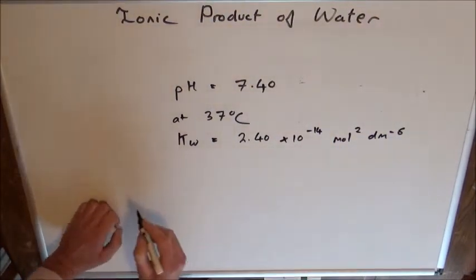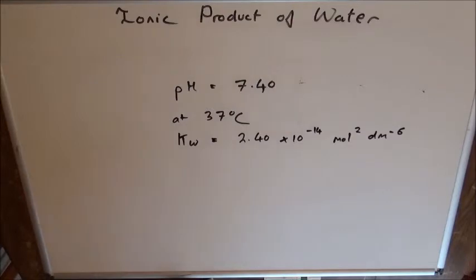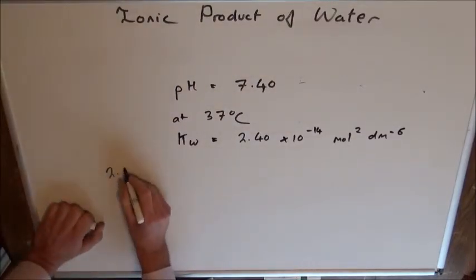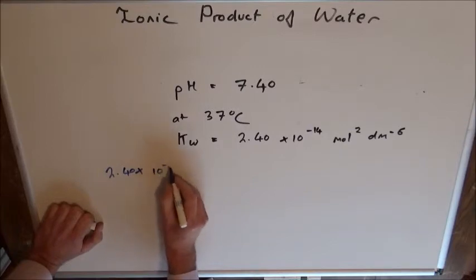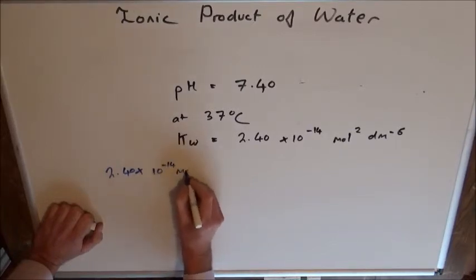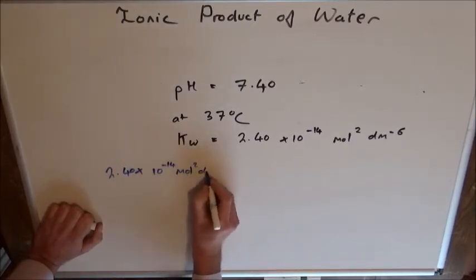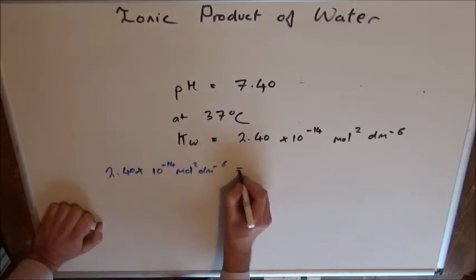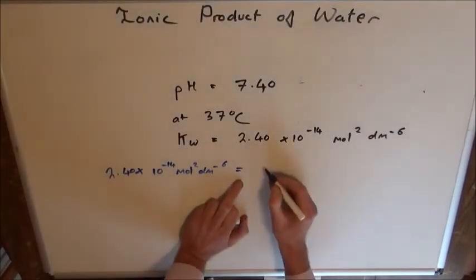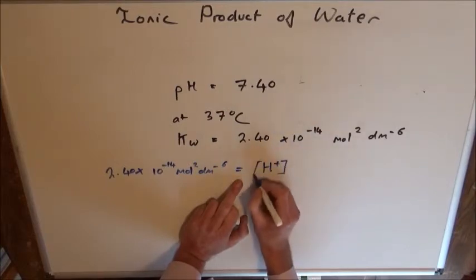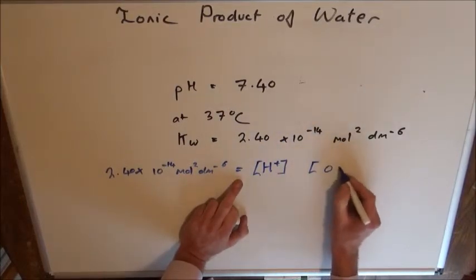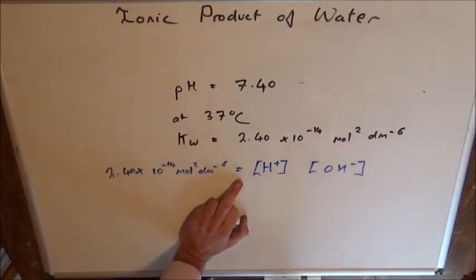So we can write an expression here: 2.4 times 10 to the minus 14 moles squared dm to the minus 6 equals the concentration of H plus times the concentration of OH minus.